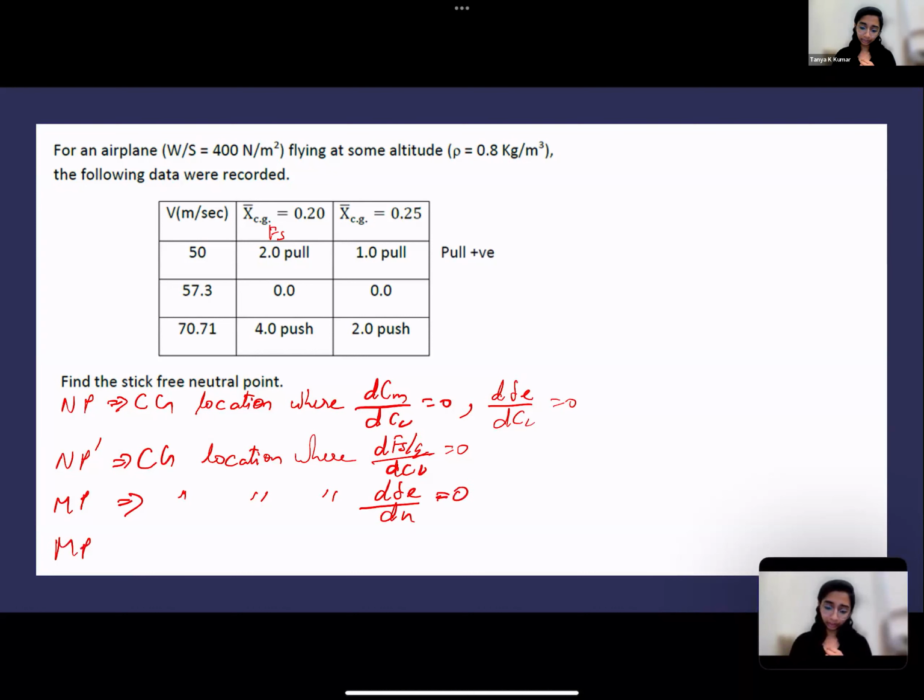Last one, stick free maneuver point: the CG location where dFs by dN equals 0.